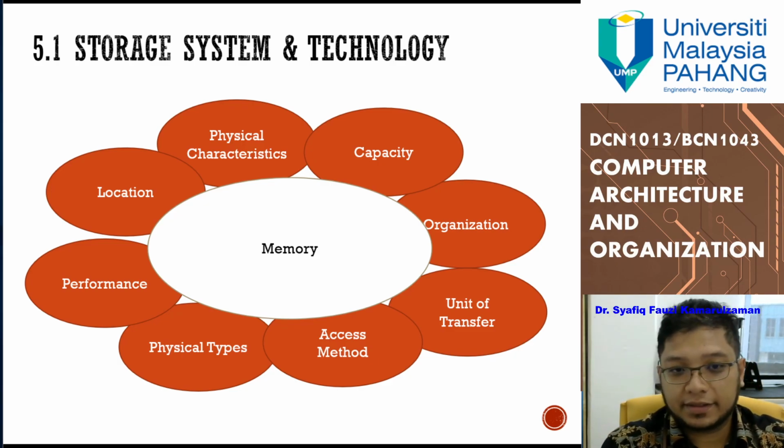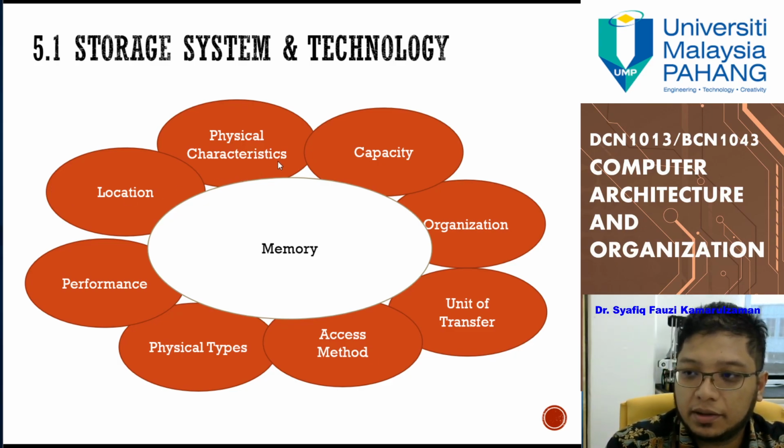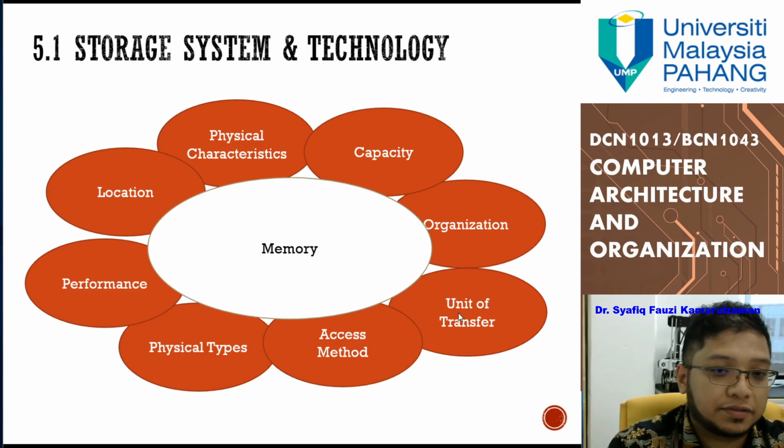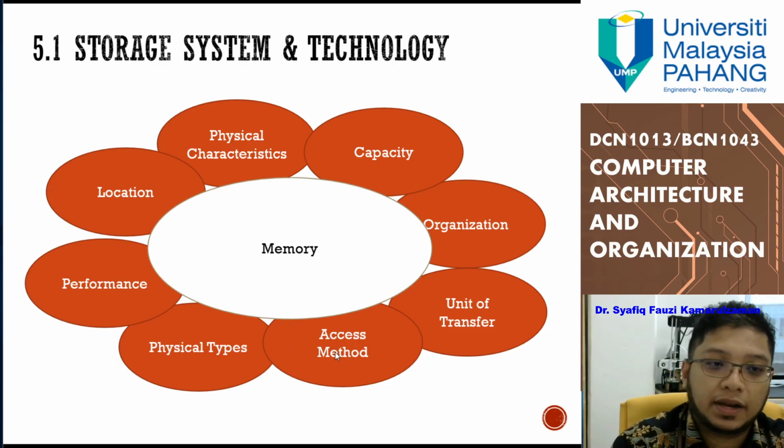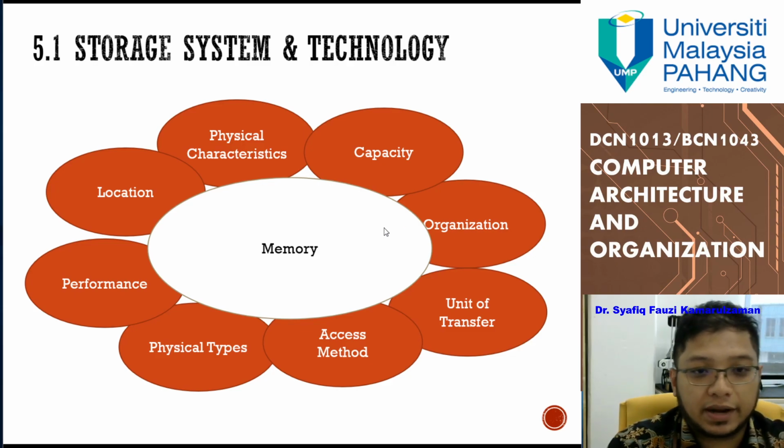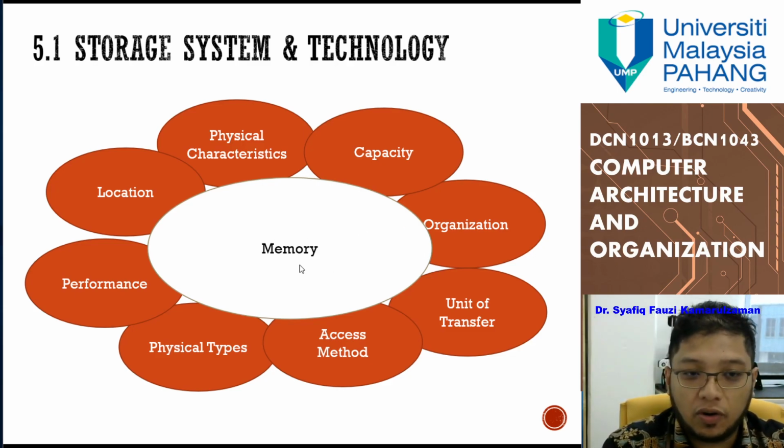These 8 characteristics are the physical characteristics of the memory itself, the capacity, organization, the unit of transfer used for transferring the data, the access method for you to get the data inside the memory, the physical types, the performance of the memory itself, and the location of the memory itself. All these 8 characteristics will represent your memory inside your PC.